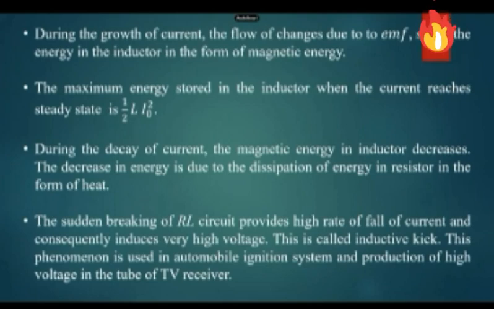High voltage produced because of the sudden disconnection of the battery in the series RL circuit is called inductive kick. This phenomenon is used in automobile systems and to produce the high voltage in the tube of the TV receiver.